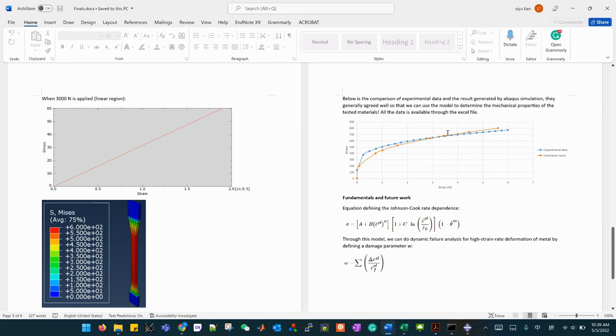I compared the simulation results with the experimental results, and they correlated well, which means we can extract the fitting parameters from the experiments, and after that we can use the simulation to evaluate the mechanical properties of the part. As you can see here, it actually worked well.